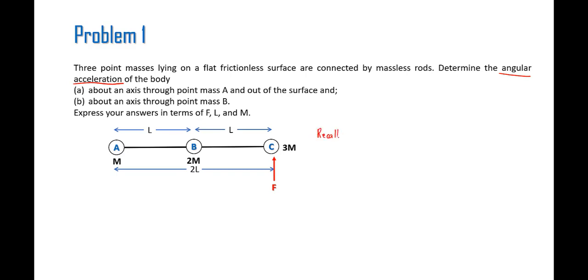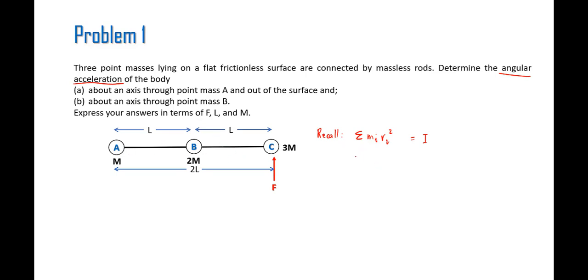So recall that the moment of inertia for point masses is just equal to m times r squared. We just have to sum up the individual moments of inertia for the 3-point masses.